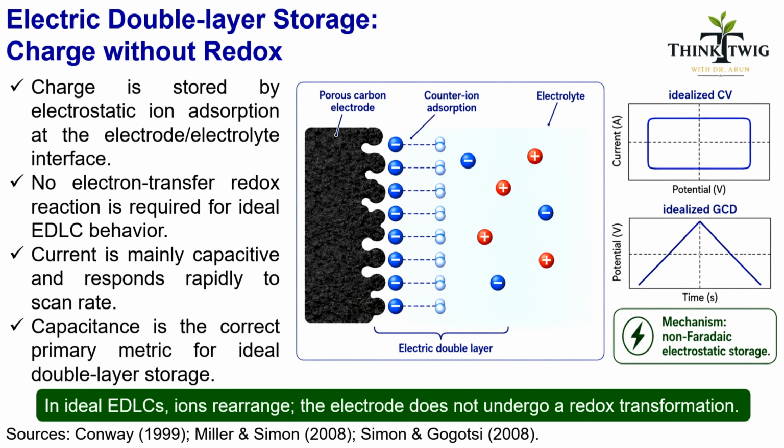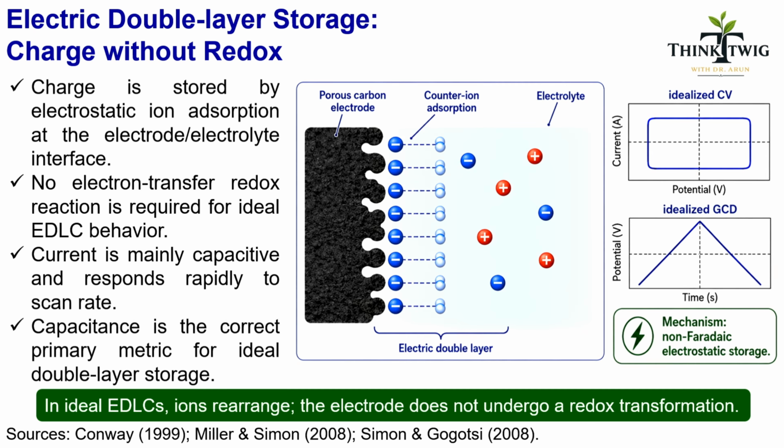In an ideal EDLC, charge is stored by electrostatic ion adsorption at the electrode-electrolyte interface. The ions rearrange, the electrode becomes charged, but the electrode material itself does not need to undergo a redox transformation. And that is why we call ideal EDLC storage non-Faradaic.